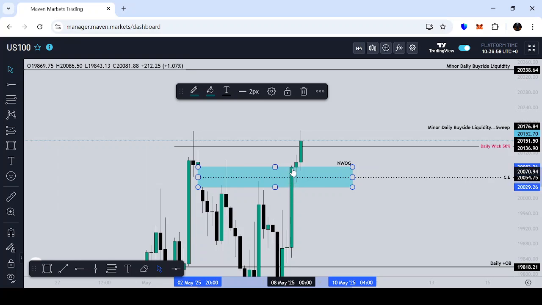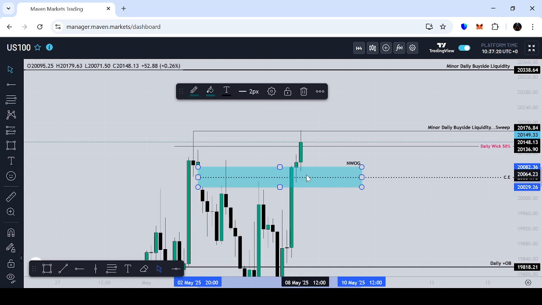Then the third delivery, we validated the consequent encroachment at the 50% level there. Then you treat it as inversion, the consequent encroachment, the half of it. Now it's going to act as a discount area for future price action. You have to treat it as a discount area.